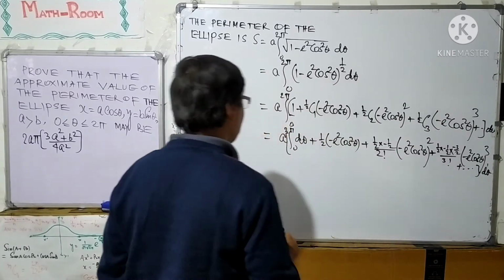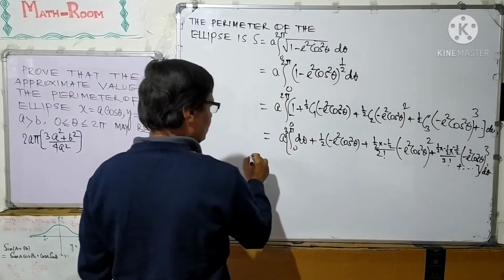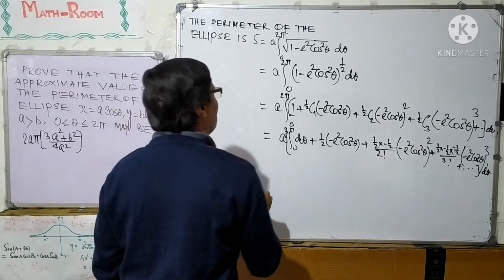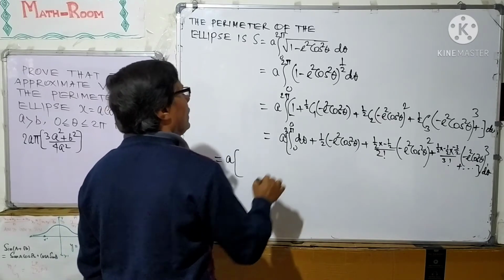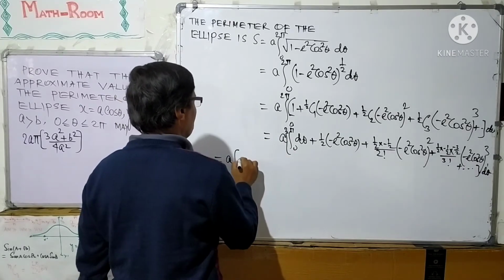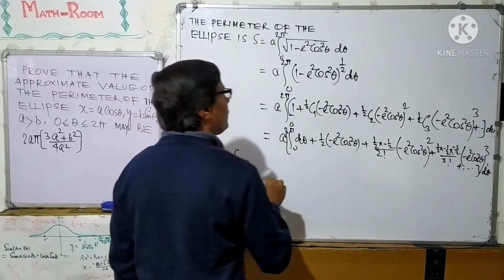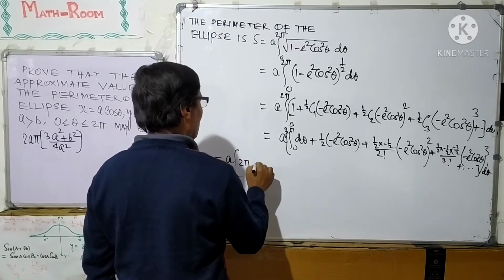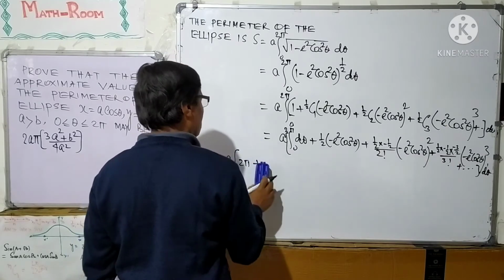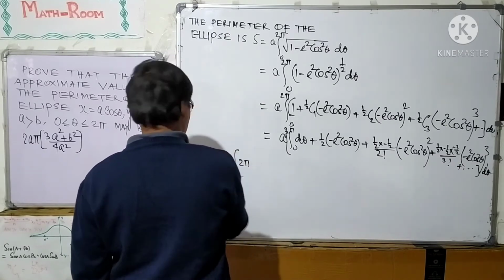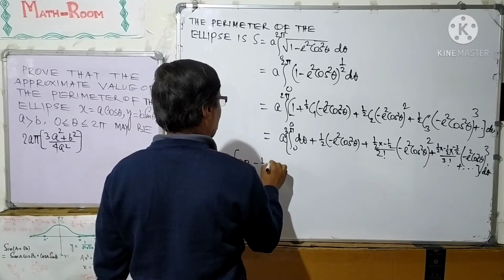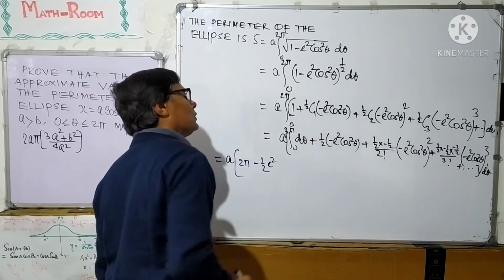series. So, we have equal to a into integral 0 to 2 pi d theta is also 2 pi. So, this is 2 pi plus half minus half, also minus half e square into cos square theta.